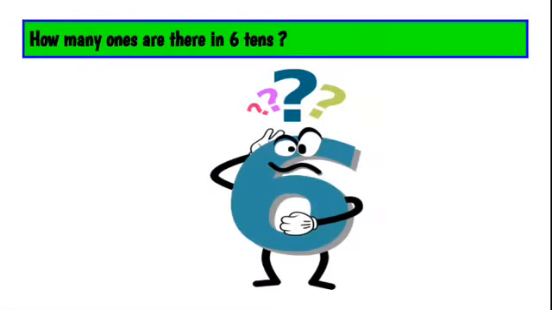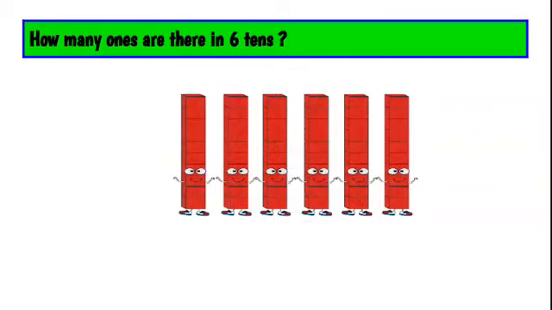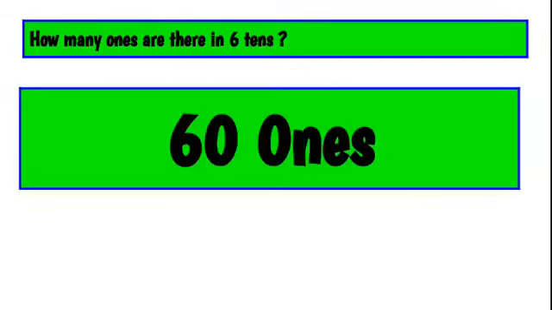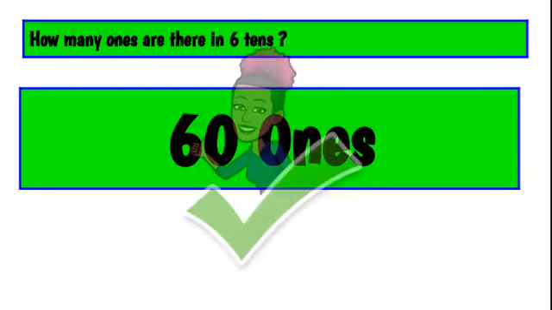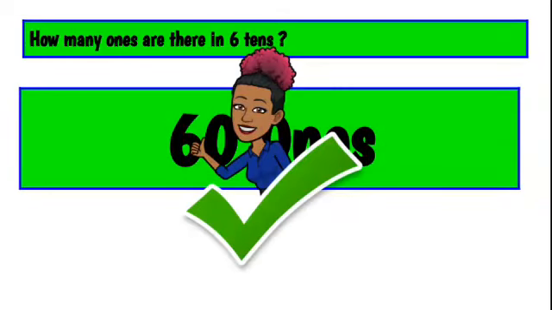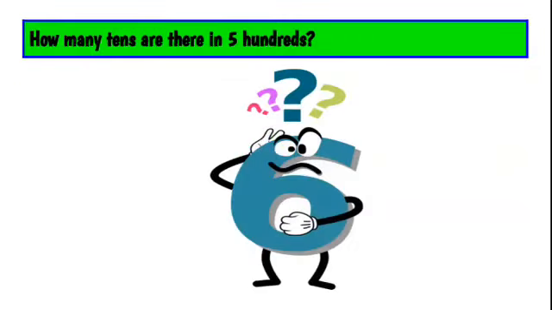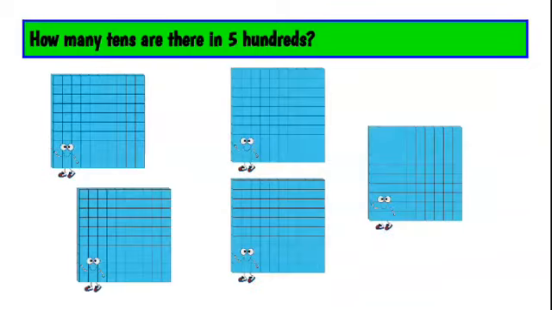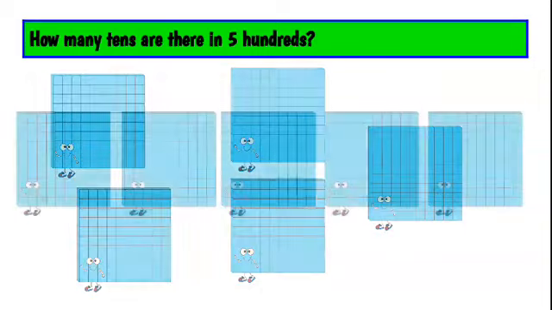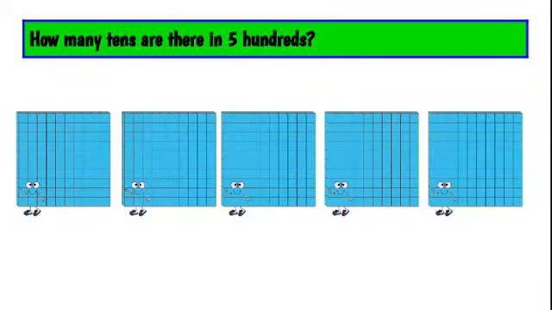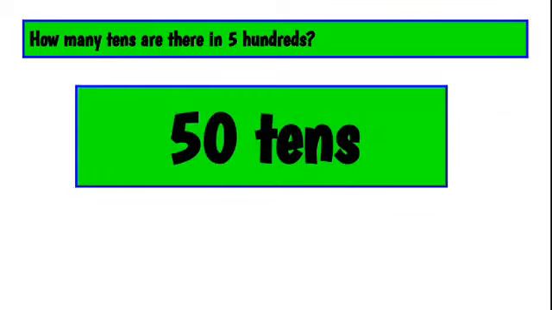Practice. How many ones are there in 6 tens? Great work. There are 60 ones in 6 tens. How many tens are there in 500s? 50 tens.